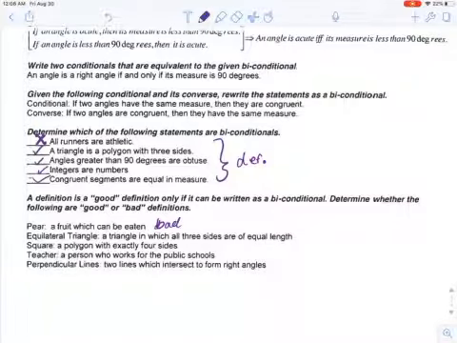A shape is an equilateral triangle if and only if it is a triangle in which all 3 sides have equal length. This is true. This is good. It's a square if and only if it's a polygon with exactly 4 sides. That one's bad. This is a polygon with 4 sides, but it's not a square.